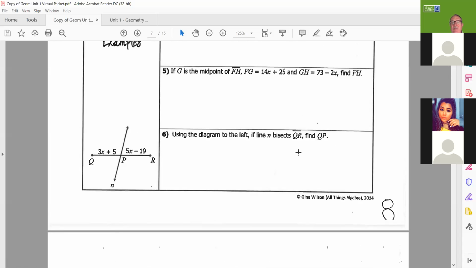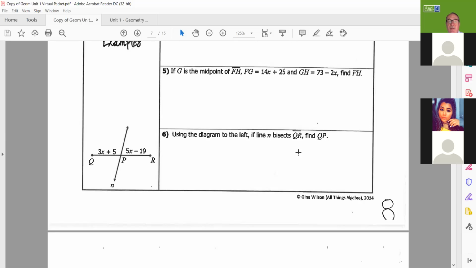Like if you look at problem number 6, it says use the diagram to the left, if line N bisects the segment QR, find QP. Okay. It doesn't tell you that that point P is the midpoint, but you should know that. And why do I say that? Because it's using the bisection.